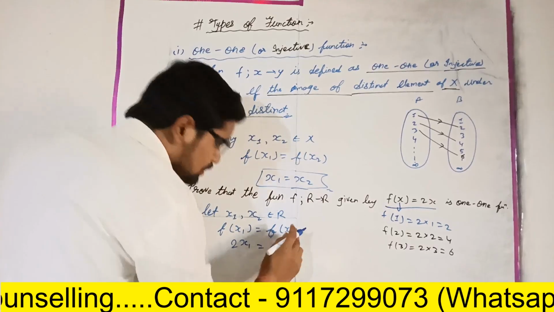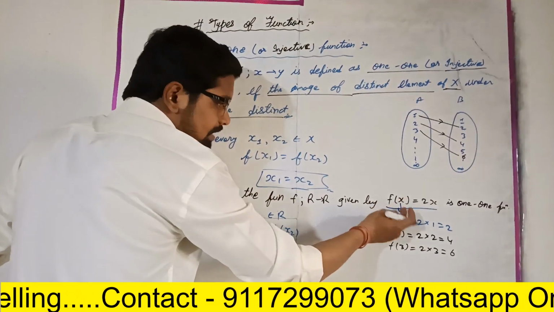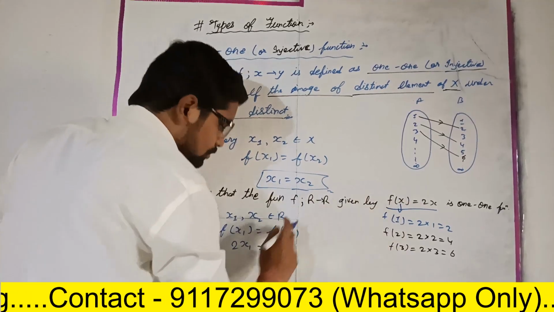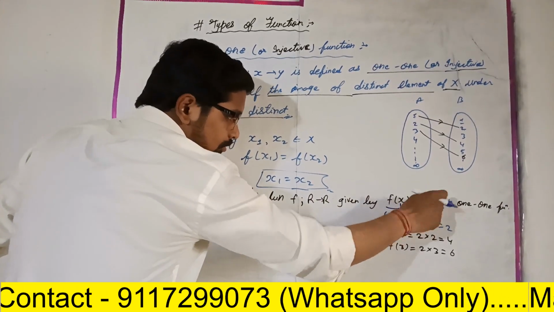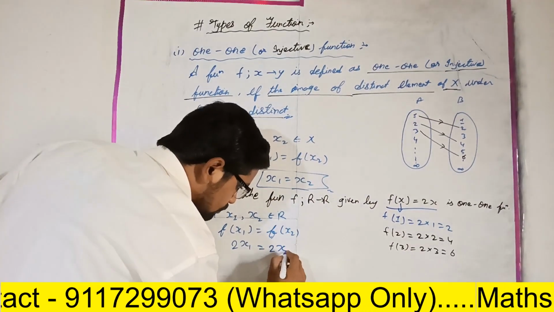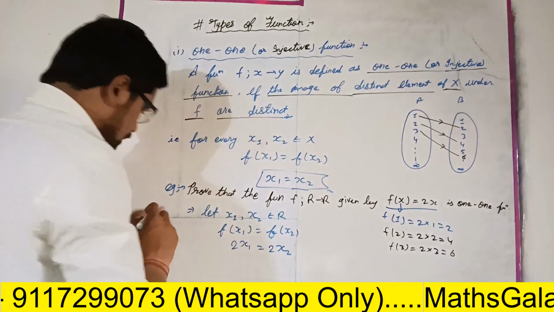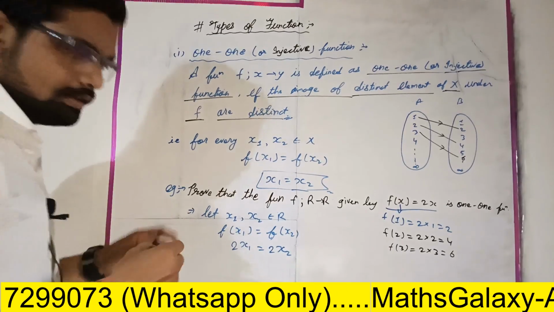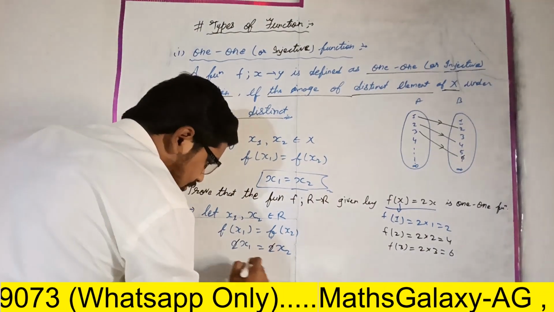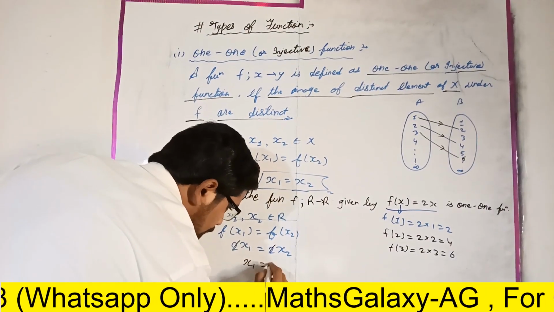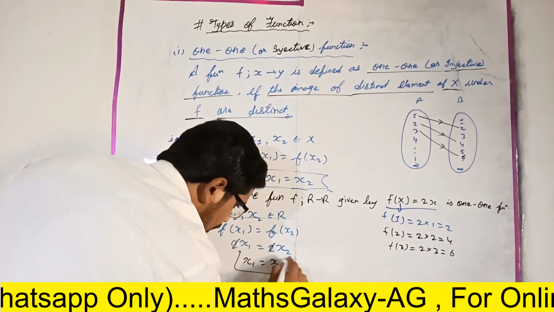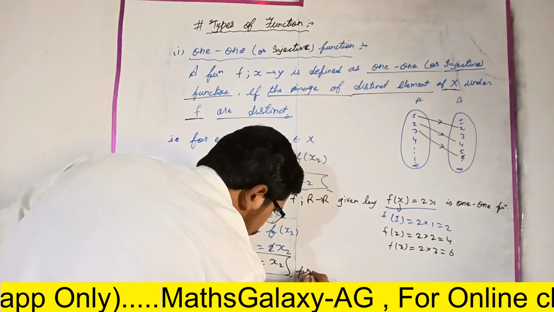Similarly, when we put x2, x becomes 2x2. Now as you can see, the 2 will be cancelled, so x1 equals x2, hence proved.